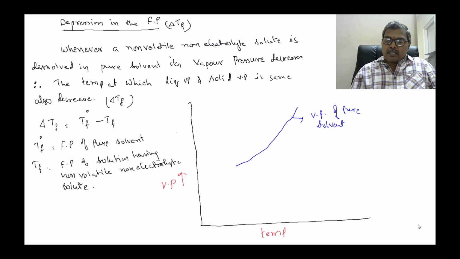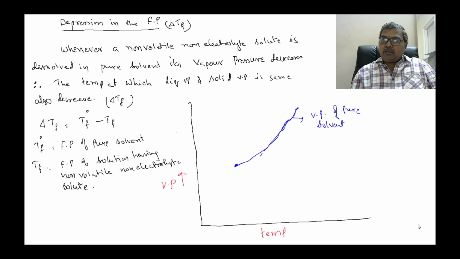So this curve represents the vapor pressure of pure solvent, and vapor pressure is taken on y-axis and temperature is on x-axis. So as temperature of the liquid decreases, its vapor pressure decreases, at certain stage, solid also exists.